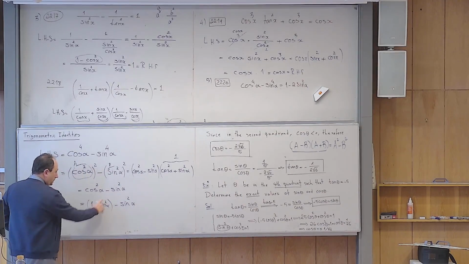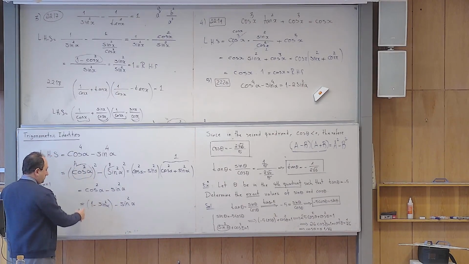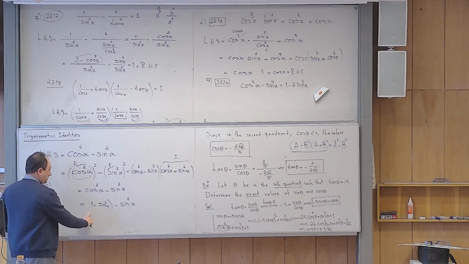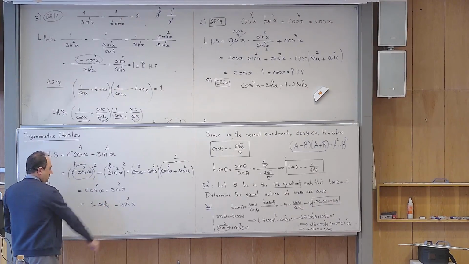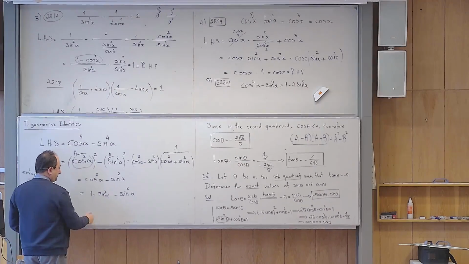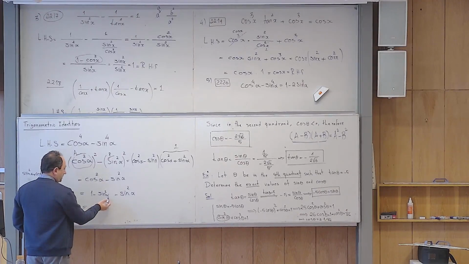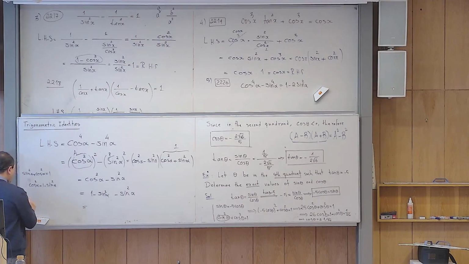But do I really need this pair of brackets? No, because there is no sign behind that. So let me clean it. And then can I continue further? This is a number. If in Math 1C I give you this, what is your answer? Yes, 1 minus 2x squared, yes?